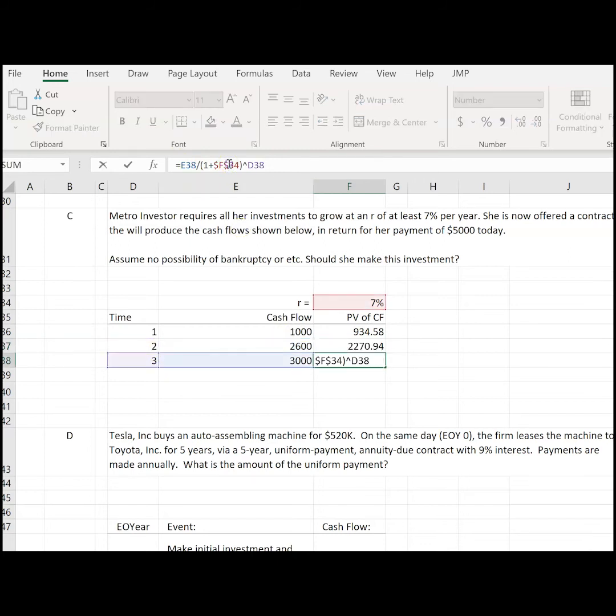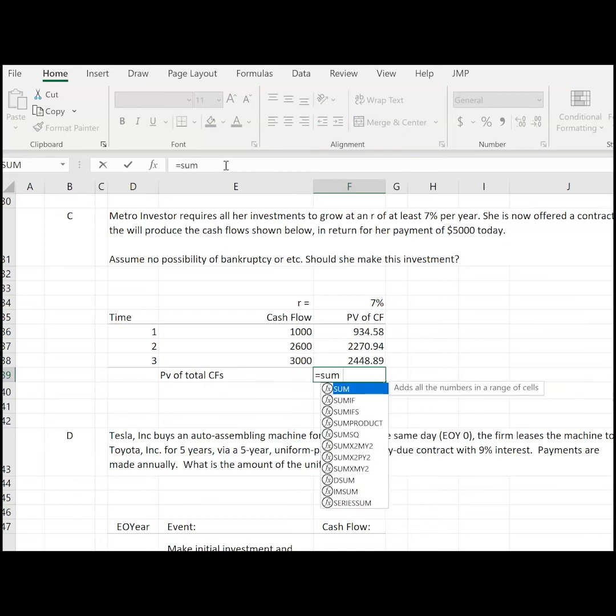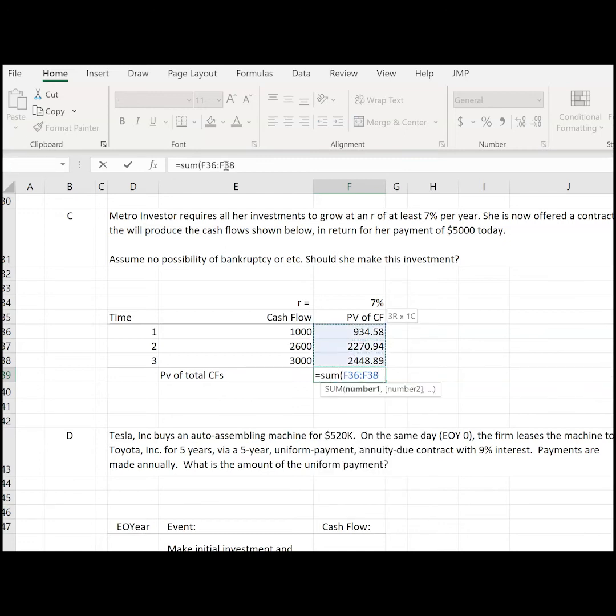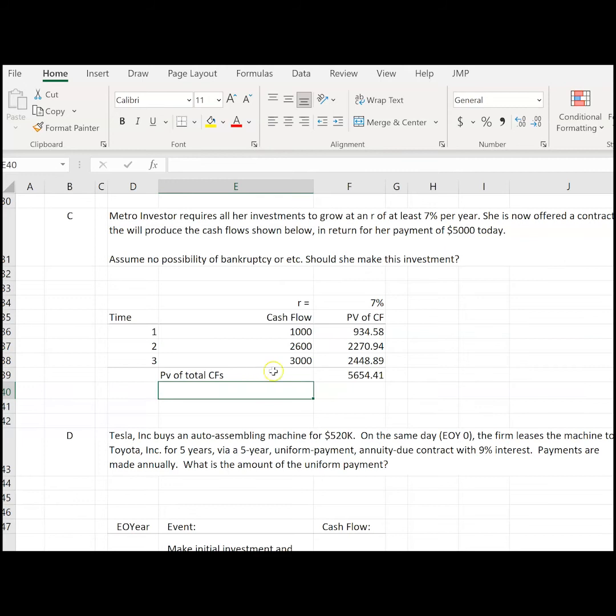Again, same thing with the next one. And to figure out the present value of the total cash flows, all we have to do is sum up the present value of the cash flows. All right, and we find that the present value of total cash flows is higher than her initial $5,000 investment. So this is definitely a good project for Metro Investor to invest in, considering there's no possibility of bankruptcy. So our answer is going to be yes.